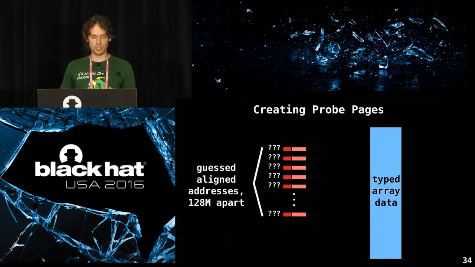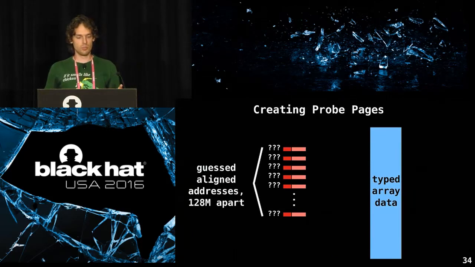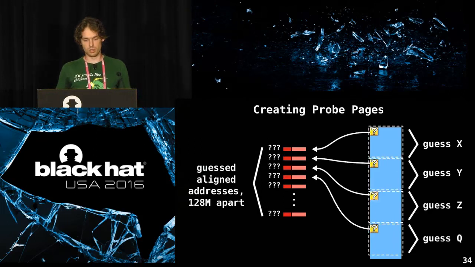So here we don't use 1 megabyte aligned objects, but larger objects, 128 megabyte aligned objects. And then we cover the entire address space with this. So we have pages which cover the entire address space.